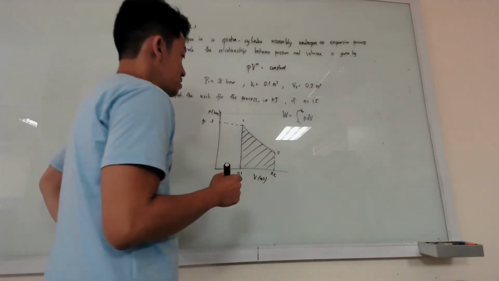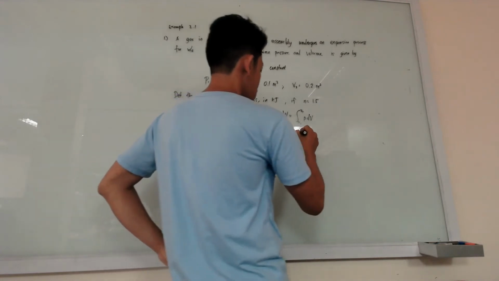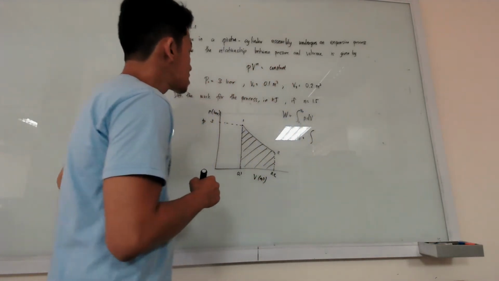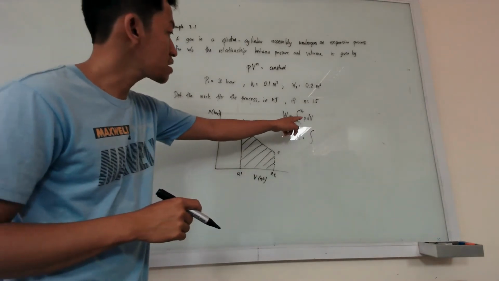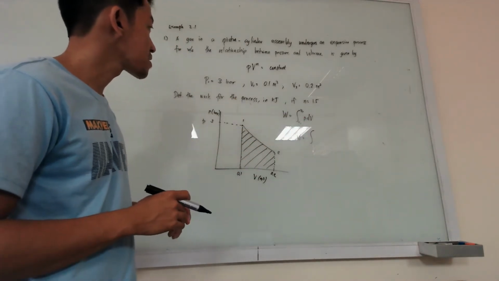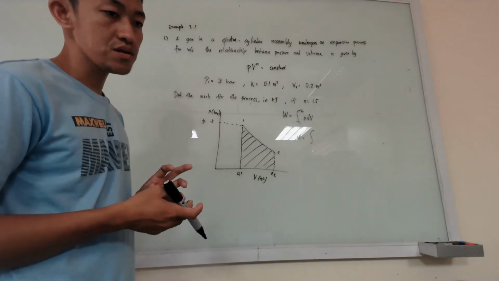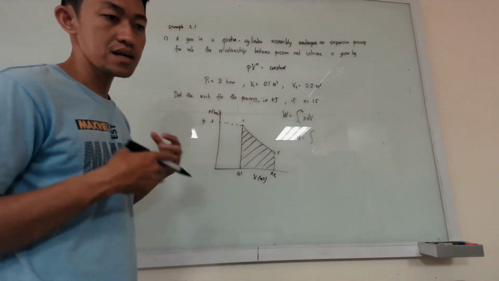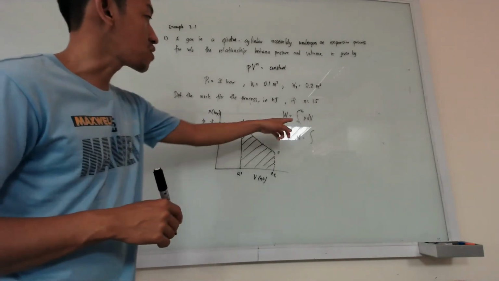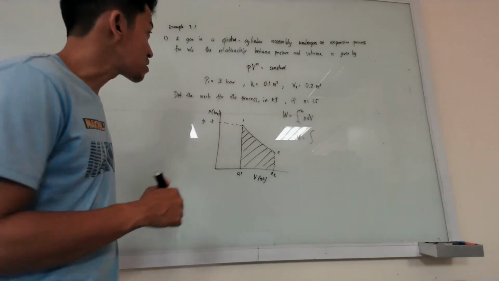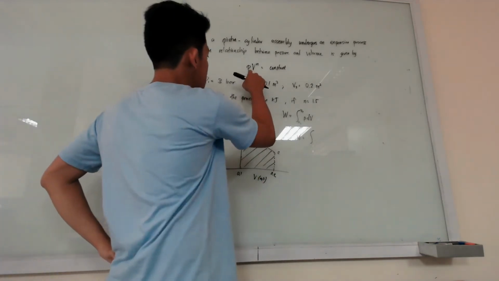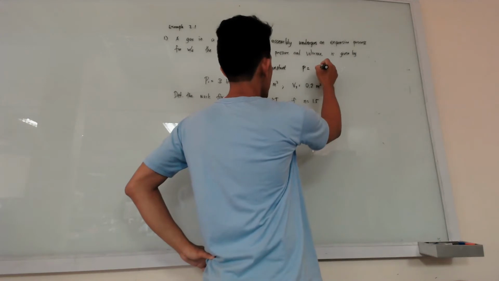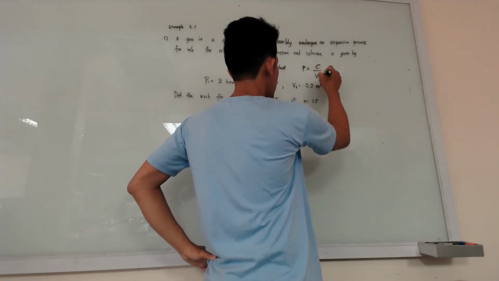Now we are going to evaluate the work. To evaluate this expression, you need to find a relationship, expressing the pressure in terms of volume so you can solve. So use this one: your P is just C over V to the n.